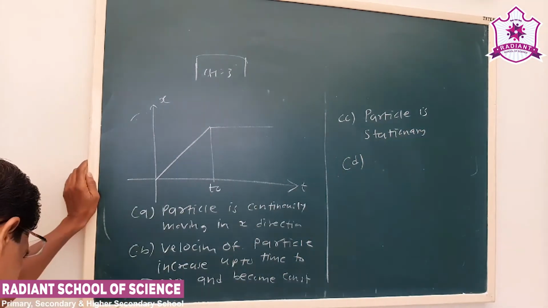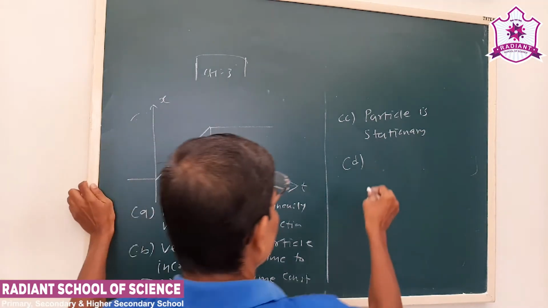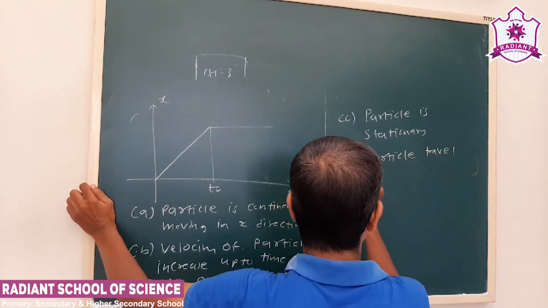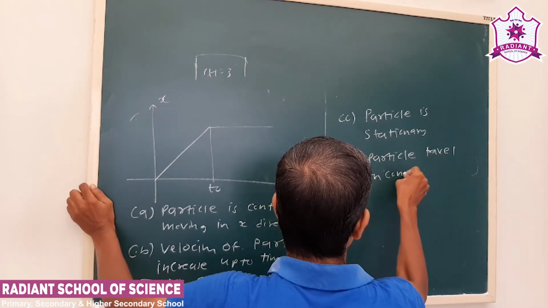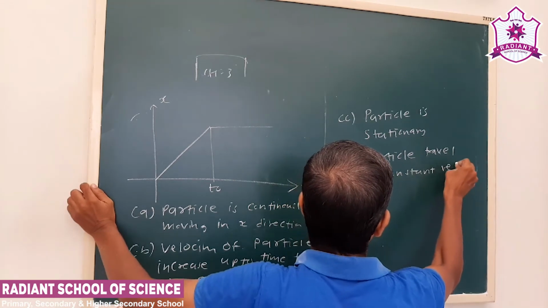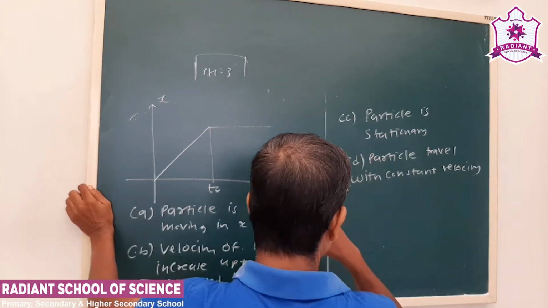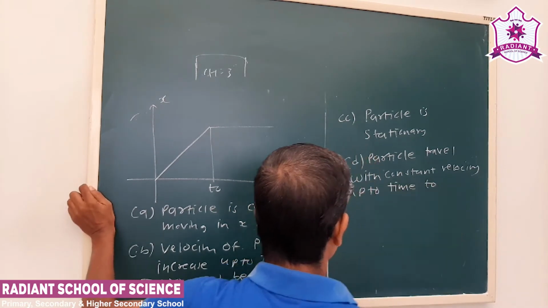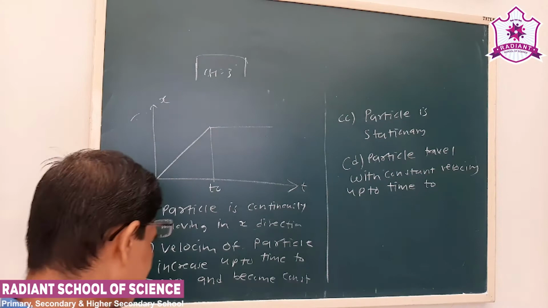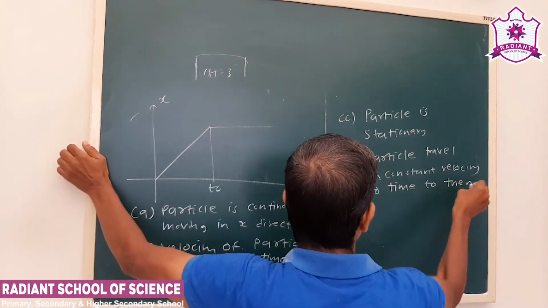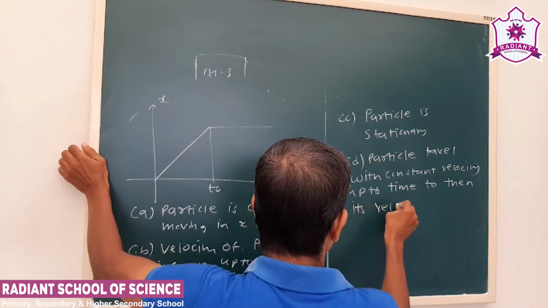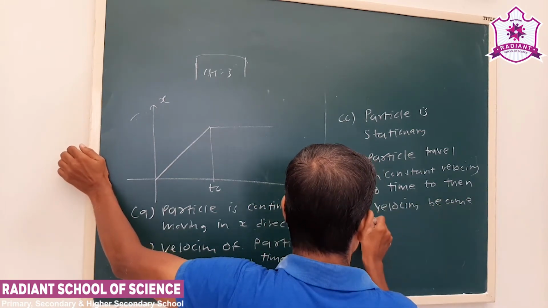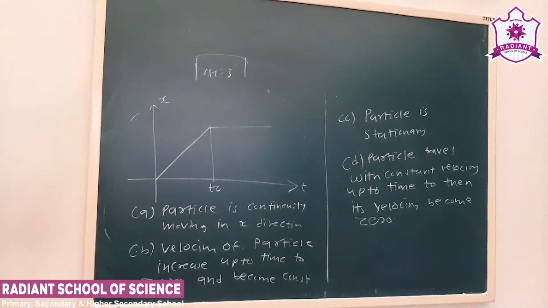And option D: the particle travels with constant velocity up to time t0, and then its velocity becomes zero. So these are the options given.